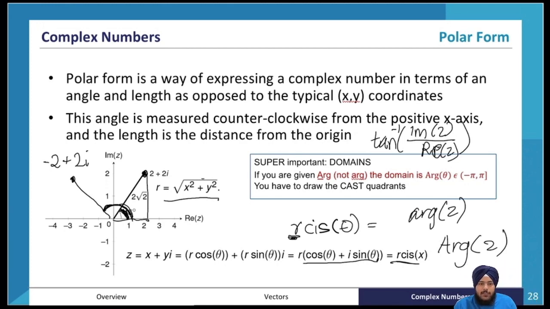Now it is up to us to determine which quadrant that is in. So what is the equivalent value of pi over 4 in the second quadrant? It's 3 pi over 4, because it's pi minus pi over 4. This comes back to the symmetry properties of circular functions.